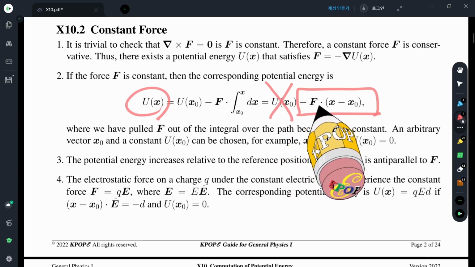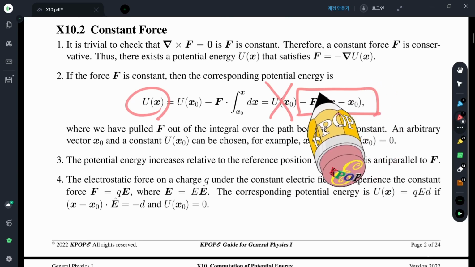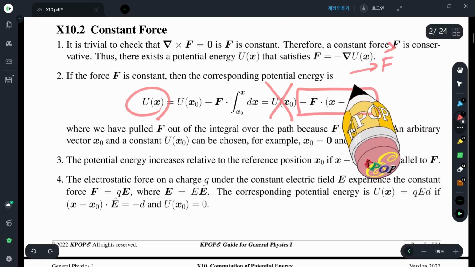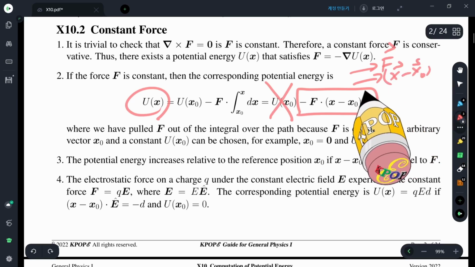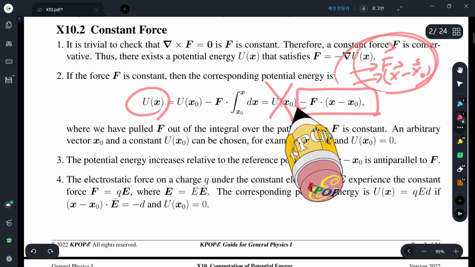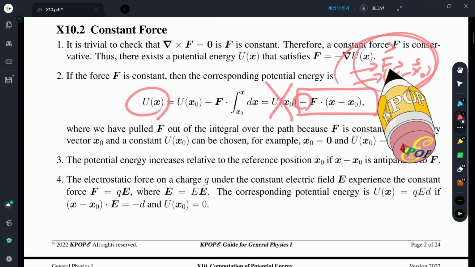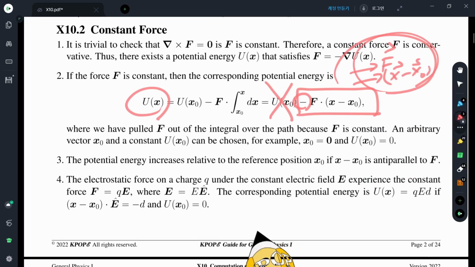Minus F dot the displacement. If F is parallel to the displacement from the reference point, then this is positive, so potential decreases. So potential increases if the force is opposite to the displacement.